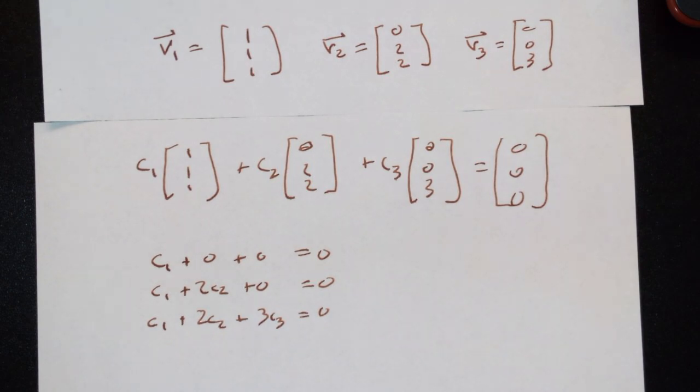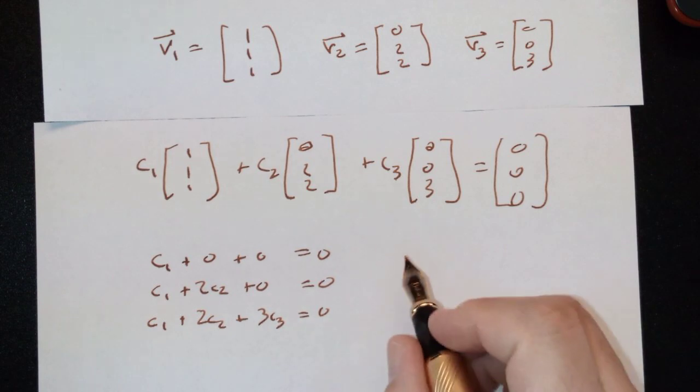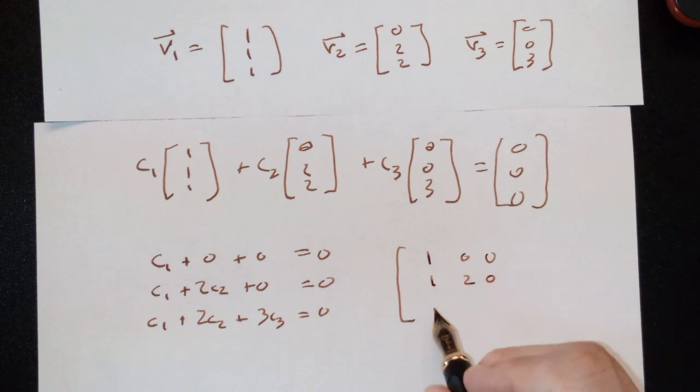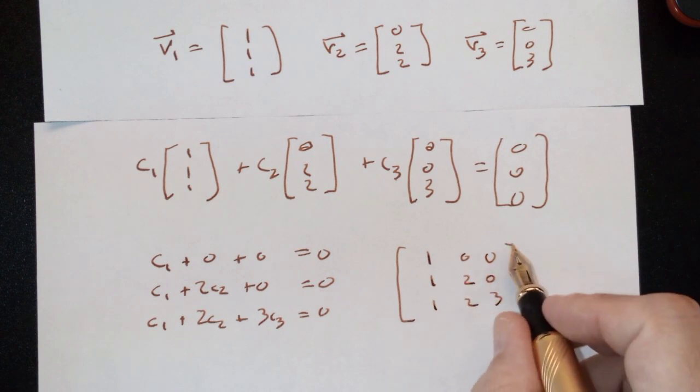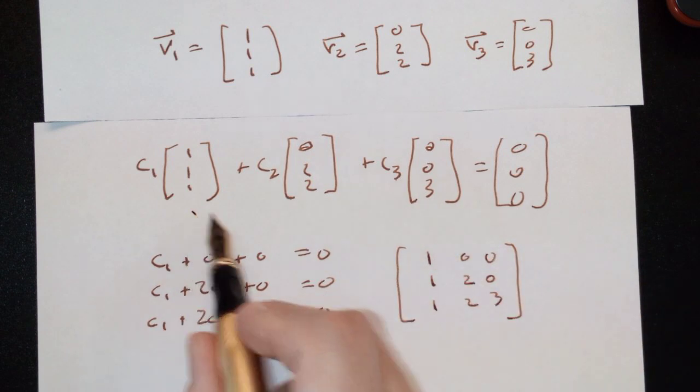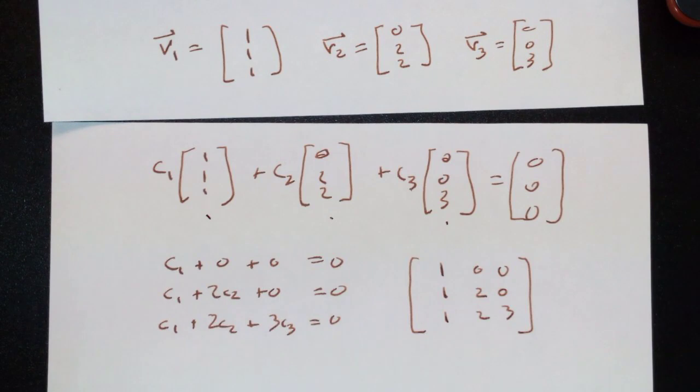On what? I would do the Gauss-Jordan procedure. That's my reduced row echelon form, right? But I would do it on a matrix. Wait a minute. That matrix has as its columns those three vectors.